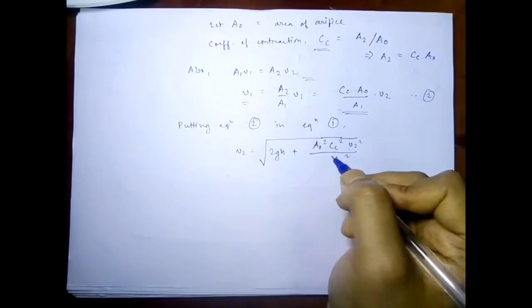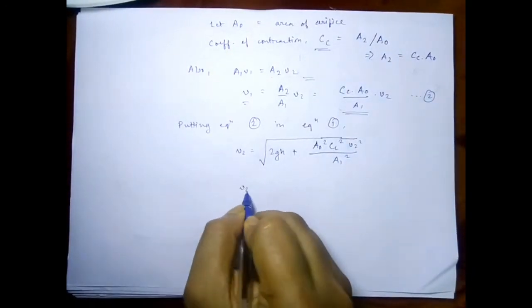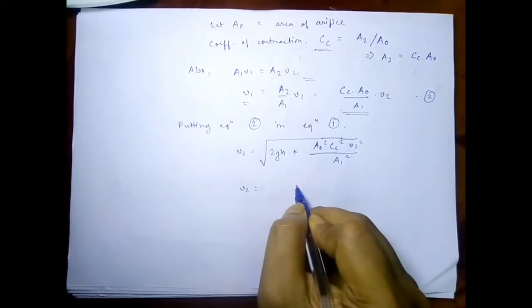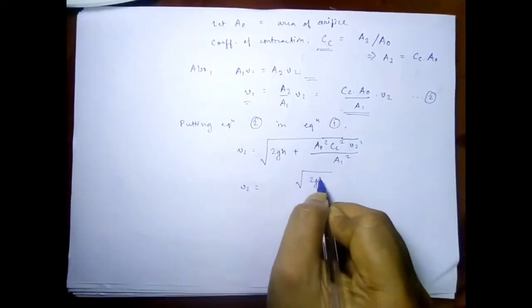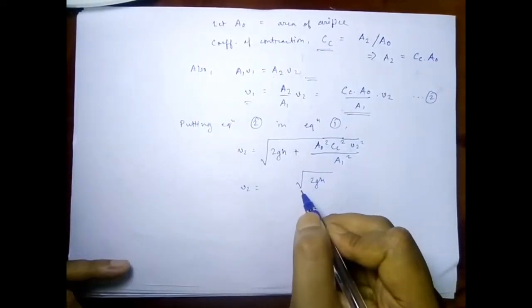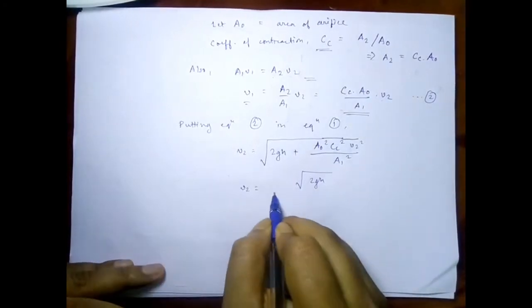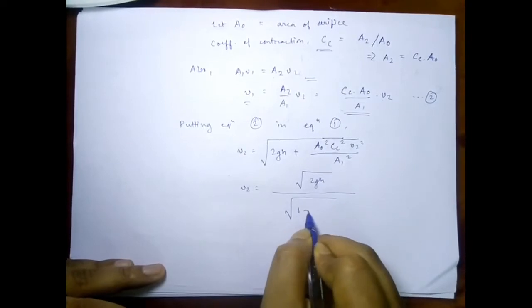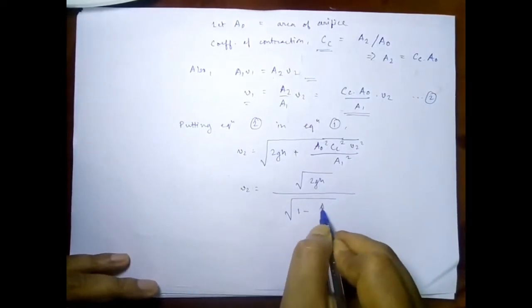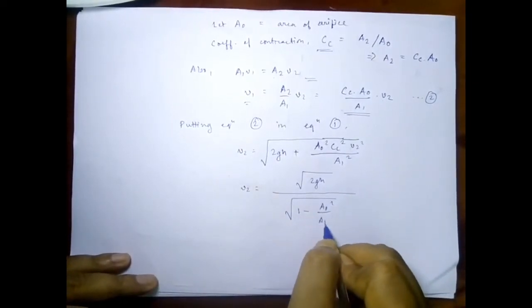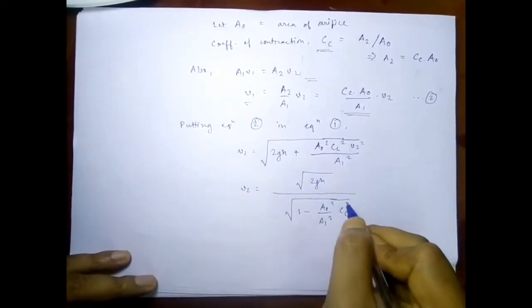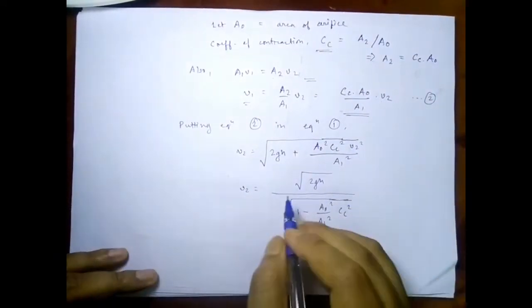If I rearrange this, it will be V2 is equal to square root of 2gh upon square root of 1 minus A0 square upon A1 square times CC square. It's just a simple rearrangement of this.